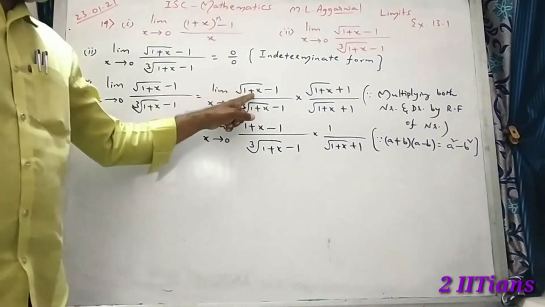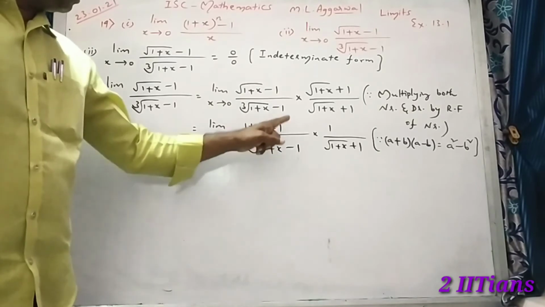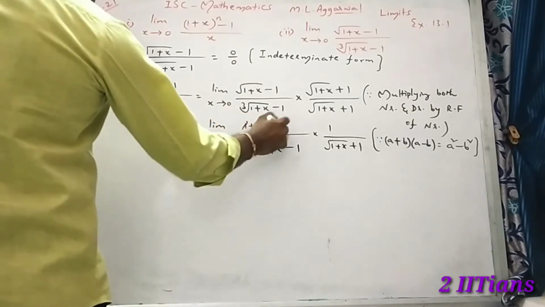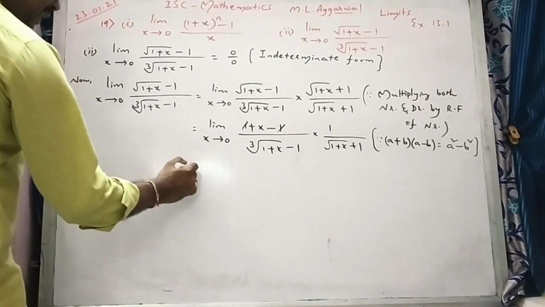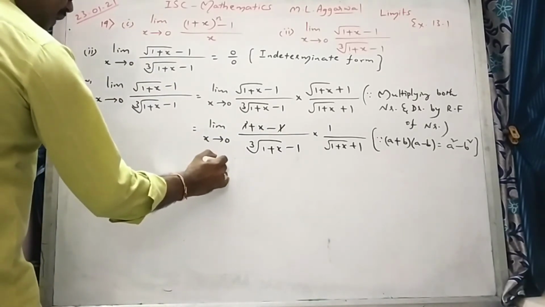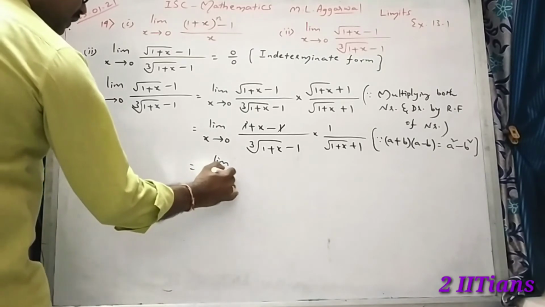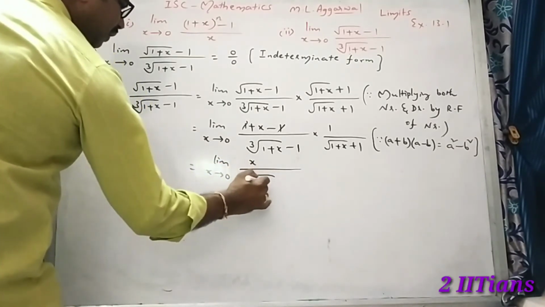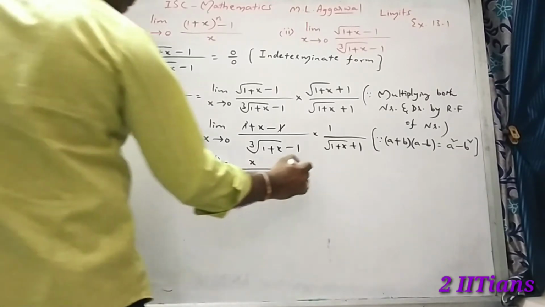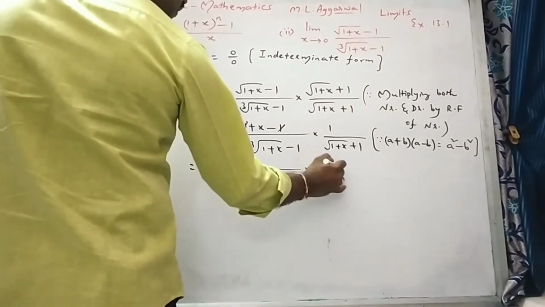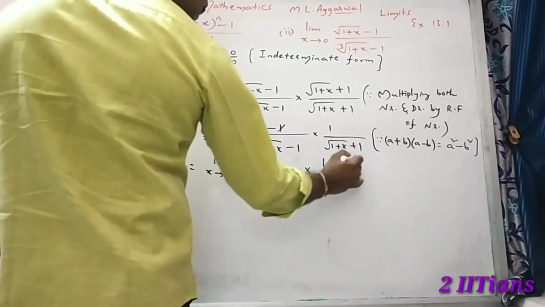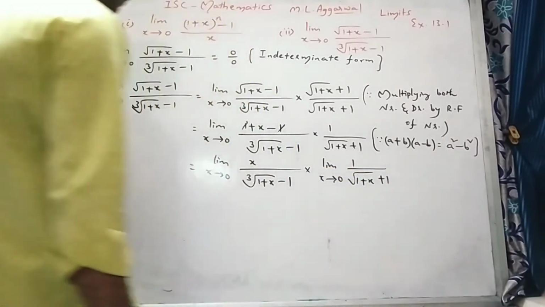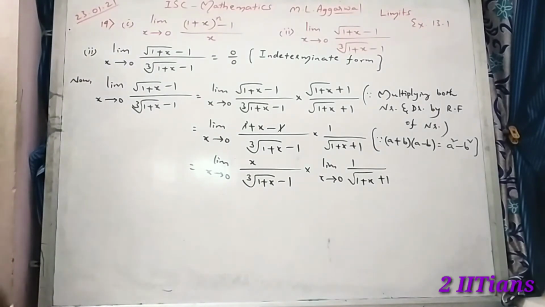A value root 1 plus x, b value 1. So whole square means 1 plus x minus 1 will come. Plus 1 minus 1 cancel now. So what is remaining? Limit x is tending to 0, x upon cube root of 1 plus x minus 1 into, for this also I will apply limit. Limit x tends to 0, 1 by square root of 1 plus x plus 1. For both I am taking limit, right?